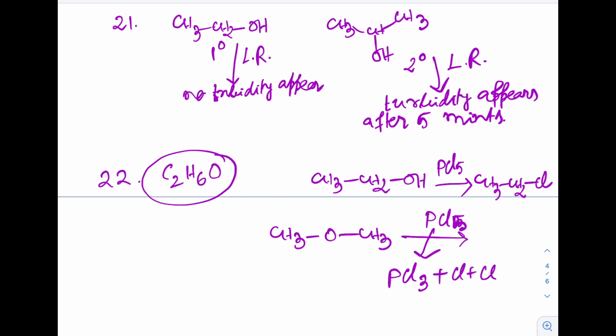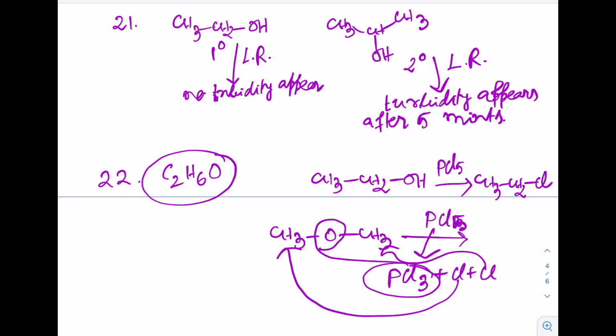One Cl will be attached to each side, and PCl3 will take up the oxygen. So what we get is 2 moles of CH3Cl along with 1 mole of POCl3. This reaction belongs to the chapter on ethers.